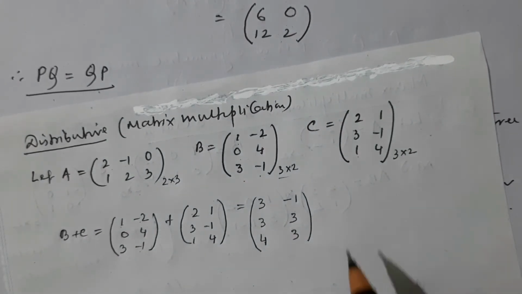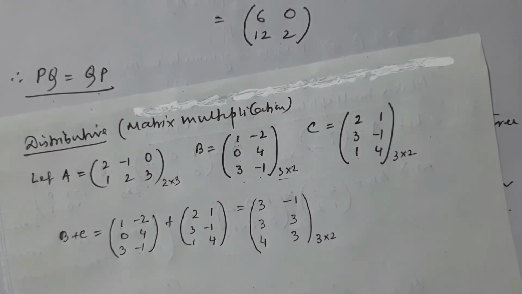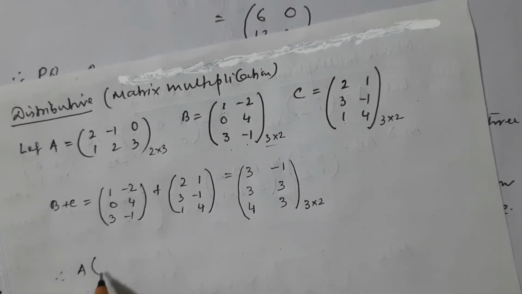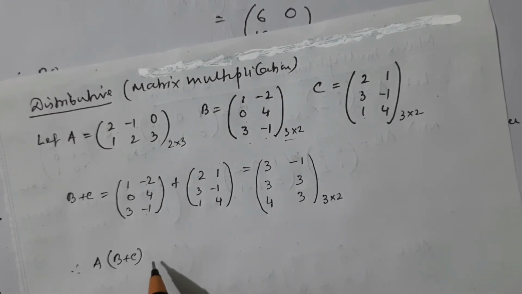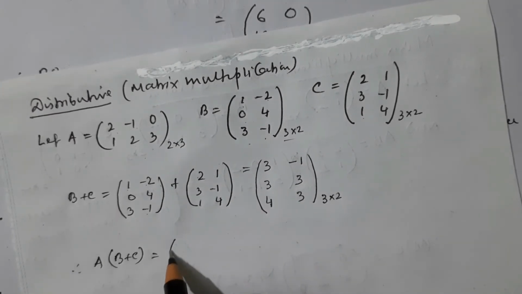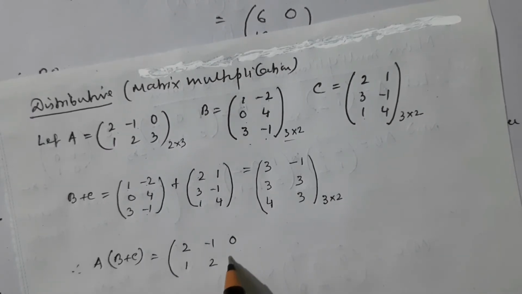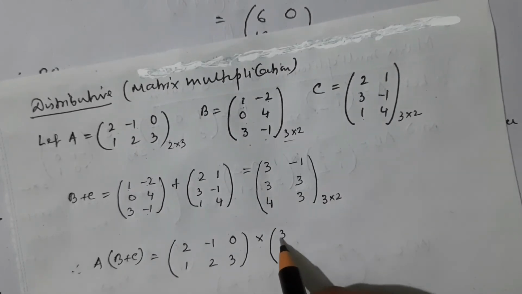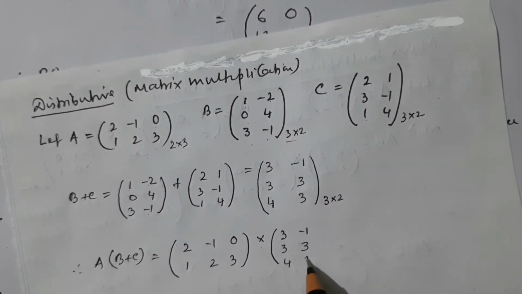So this is a matrix of order 3 cross 2. So again we multiply A into B plus C, that is 2, minus 1, 0, 1, 2, 3 into B plus C, that is 3, minus 1, 3, 3, 4, 3.